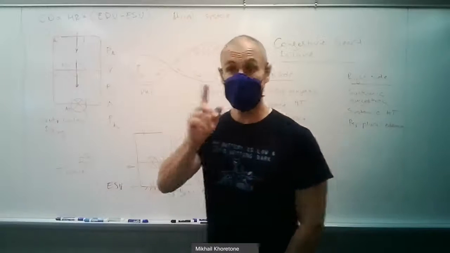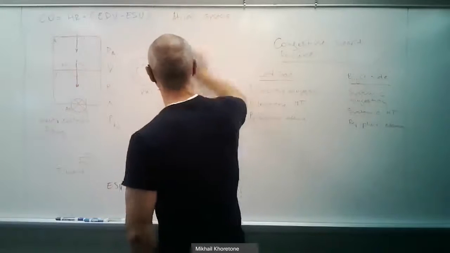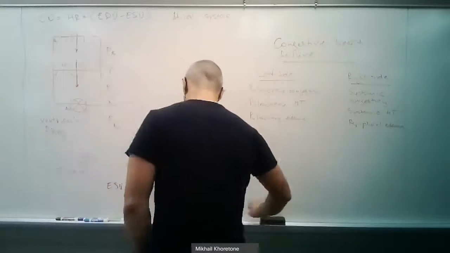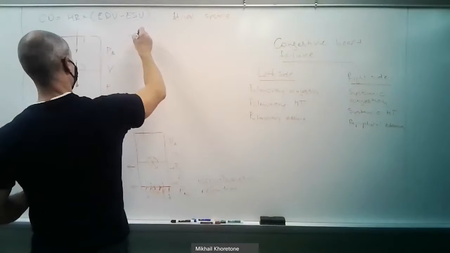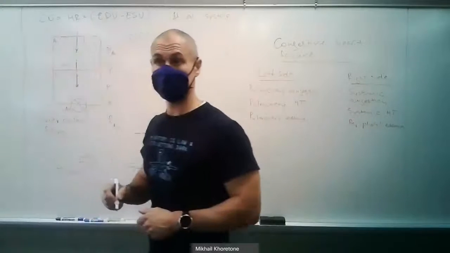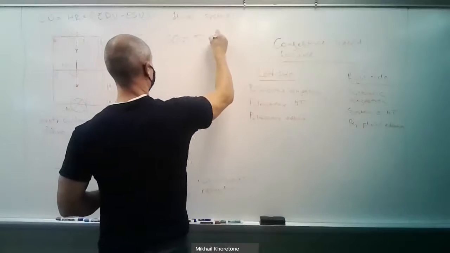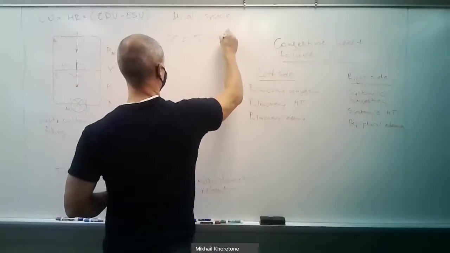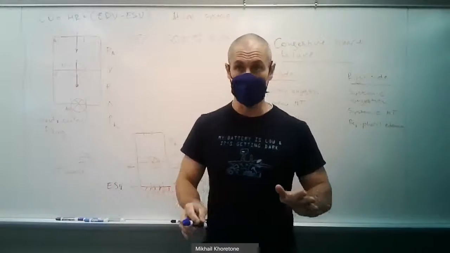I'm trying to think. Okay, let me try and do numbers. That may actually help since we've covered cardiac output. So, pulmonary circuit: cardiac output equivalent to 5 liters per minute. Are you following me?